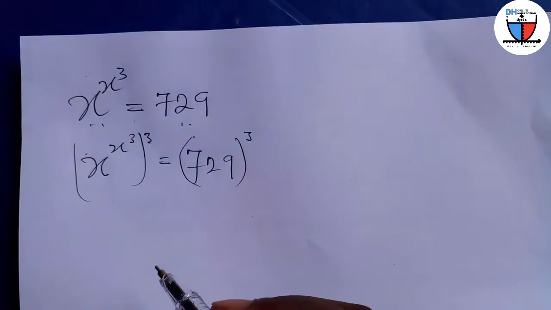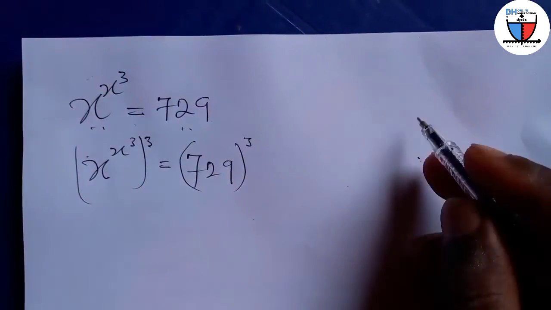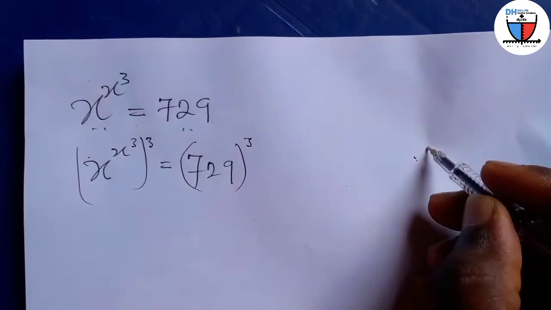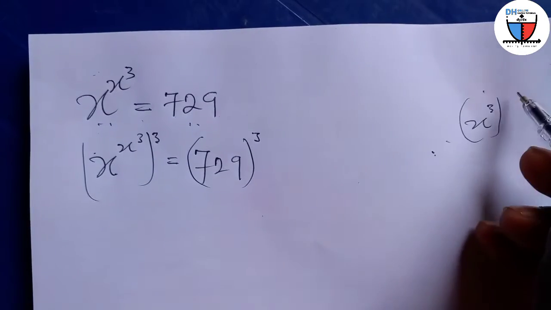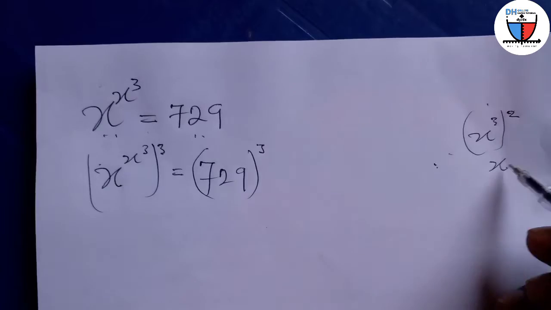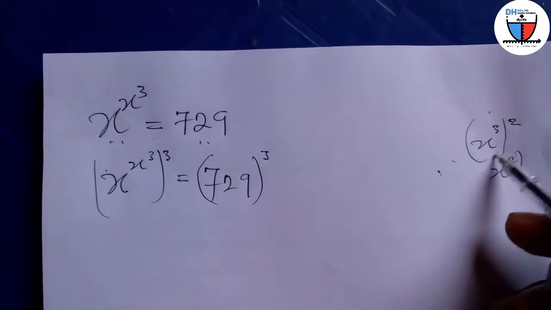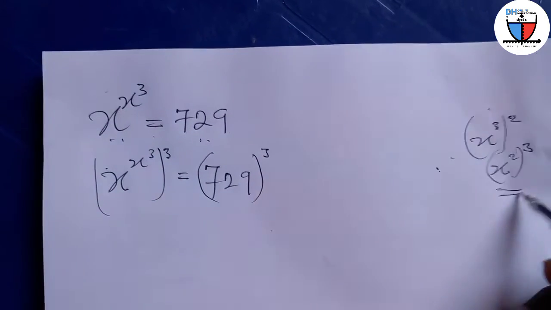So the next thing we do here, we apply a law of indices that says multiplying power. That means if we have x to the power of 3 in the bracket raised to the power of 2, it is equally the same thing as x to the power of 2, bringing this 3 outside. So that's what we're going to do here.